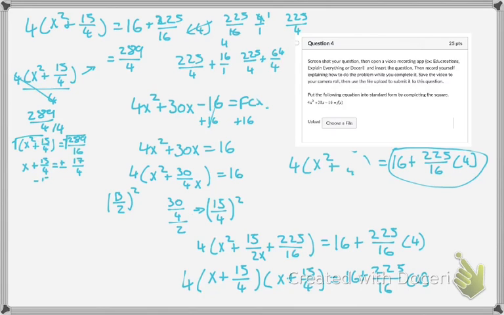Our last step would be subtracting 15 over 4 from both sides. So x equals, but since it's plus or minus, you could do both ways.